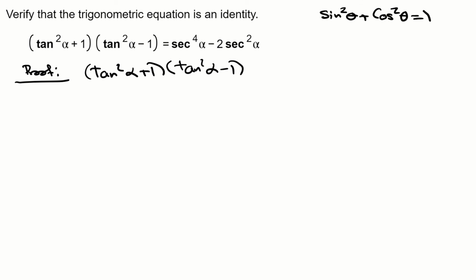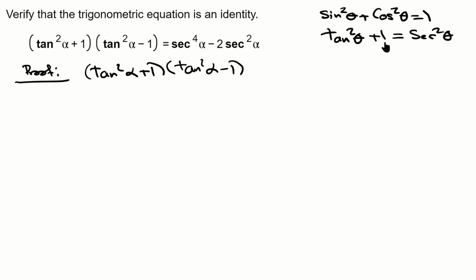Then we divided both sides of that by cosine squared to get tangent squared theta plus 1 equals secant squared theta. There's one also for cotangent squared, which we can obtain by dividing both sides of the original Pythagorean identity by sine squared, but we don't really need that here, so we'll just use this.